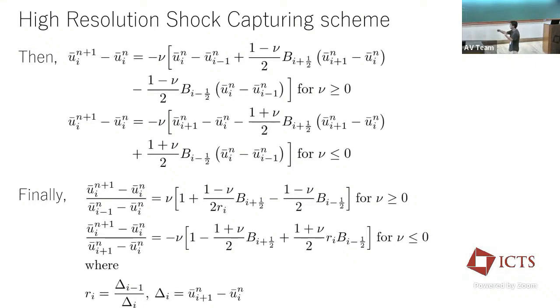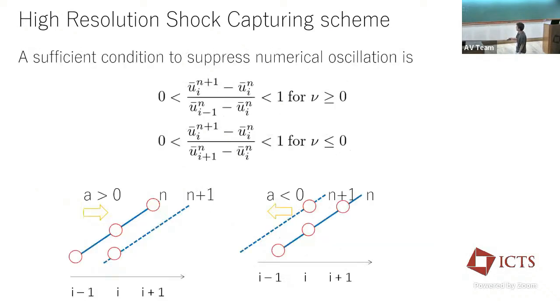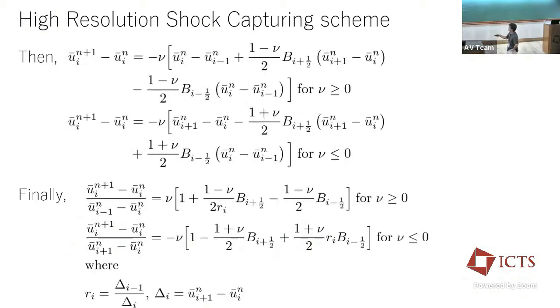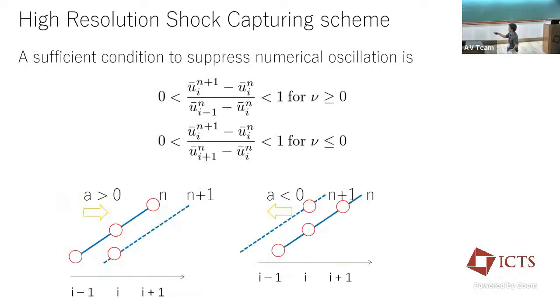It is just the ratio of differences between the i plus 1 and i minus 1 cells. A sufficient condition to suppress the numerical oscillation is that this quantity is between 0 and 2 for the positive case, and these quantities should be between 0 and 2 for the negative case.